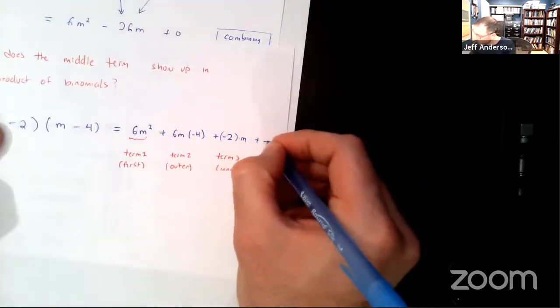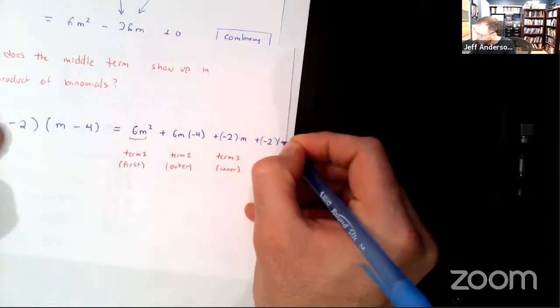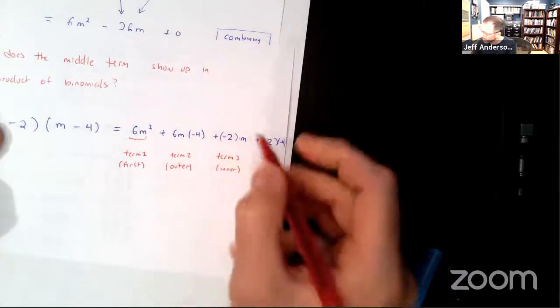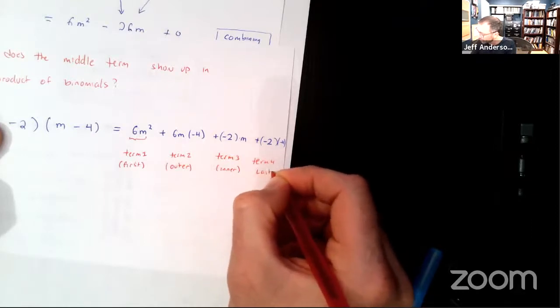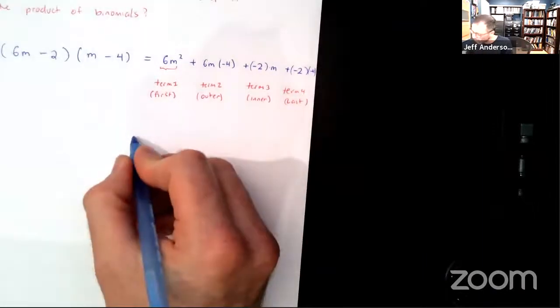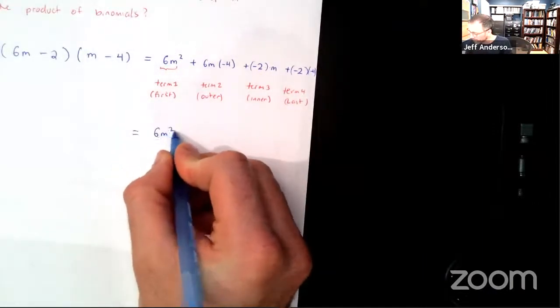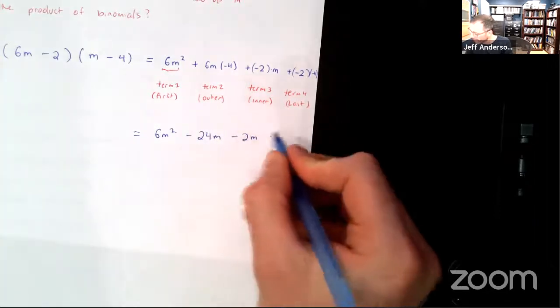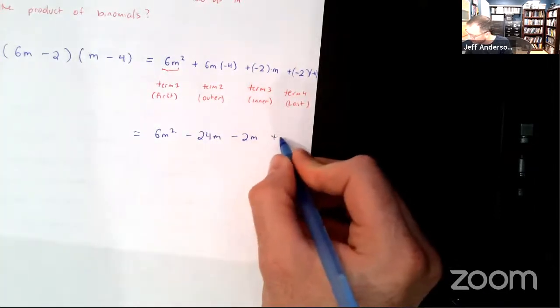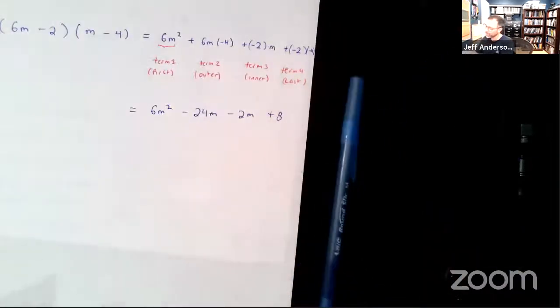And then, of course, we're going to have negative 2 times negative 4. That's going to be term 4, and that's the last term. All right. So we can simplify this, of course. We can say that this is going to be 6m squared minus 24m minus 2m plus 8. Okay, so let's check this out.